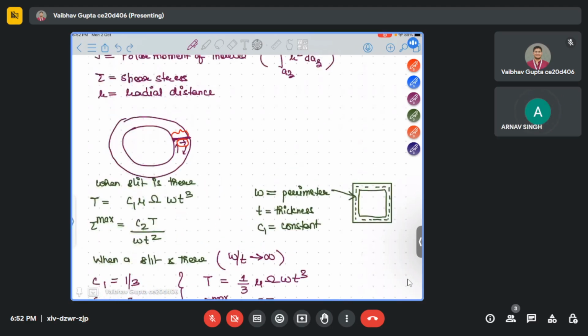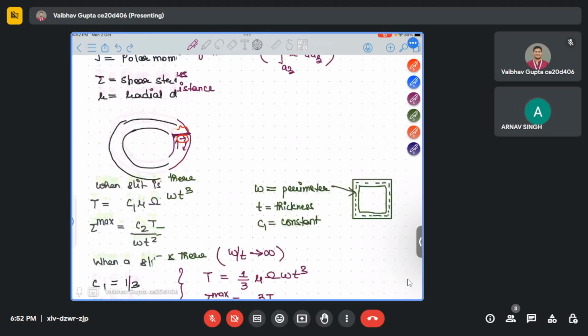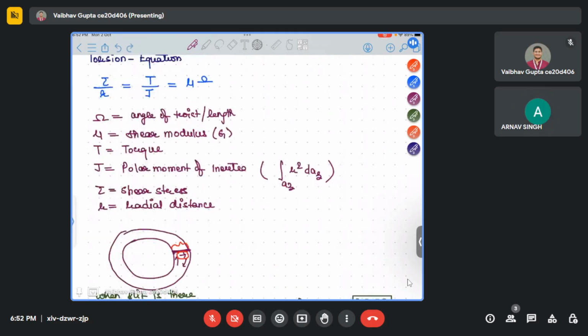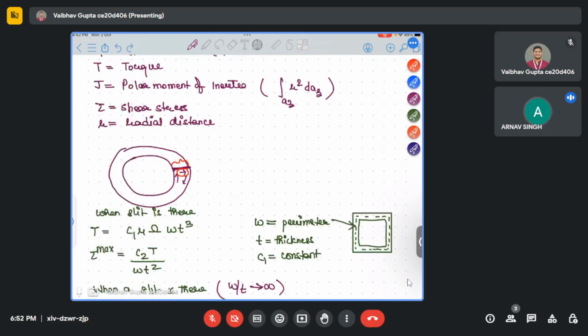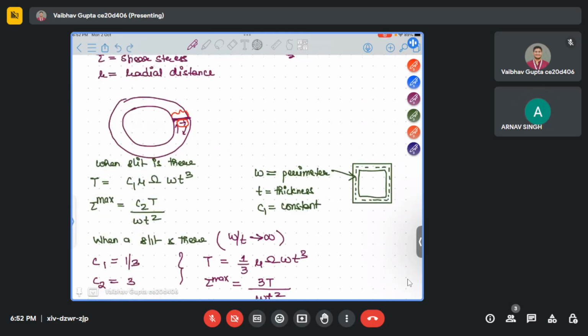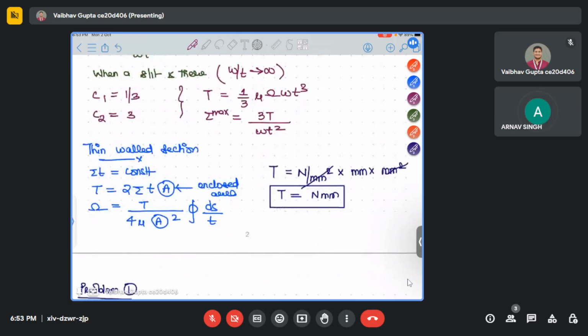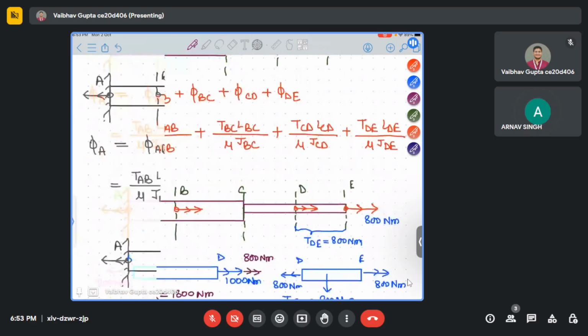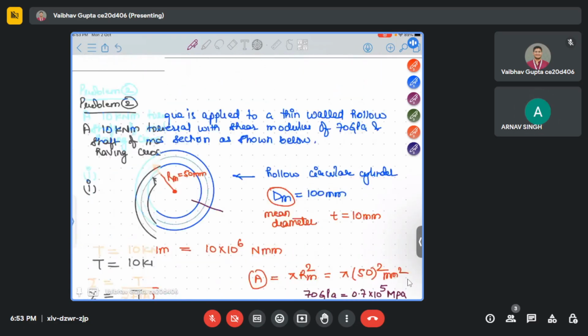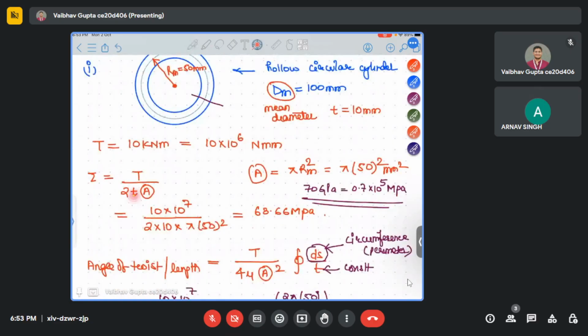Sorry. Okay. So initially I told you three formulas: the normal torsion equation, the tau max equation when a slit is there, the angle of twist equation, and the thin wall section equation. So now we have solved for the thin wall section with the help of these two formulas.